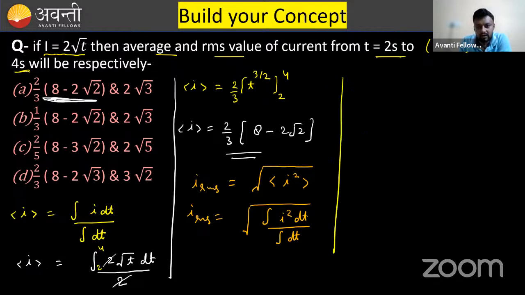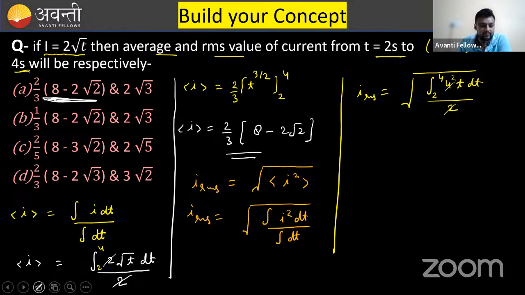If you put the values, IRMS is the root of integration of I square, which will become 4t dt from 2 to 4. And what is the time period? 2 seconds. So it can be 2.